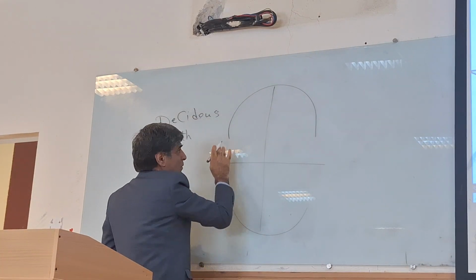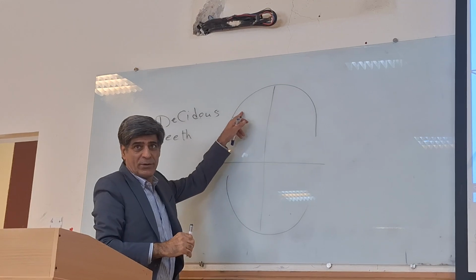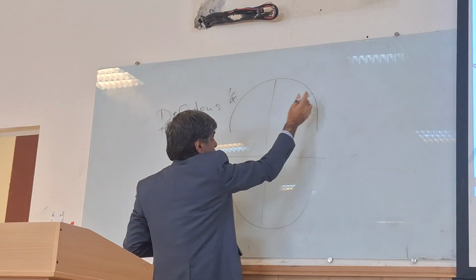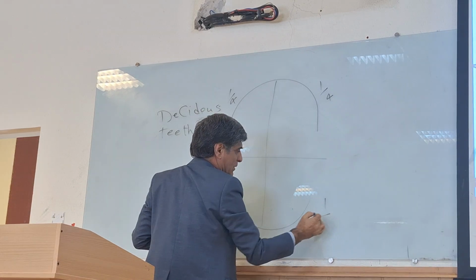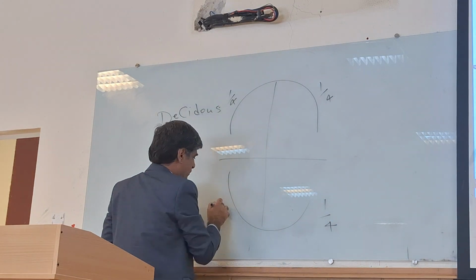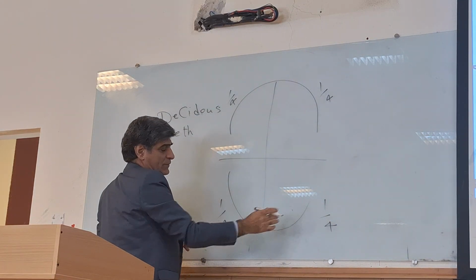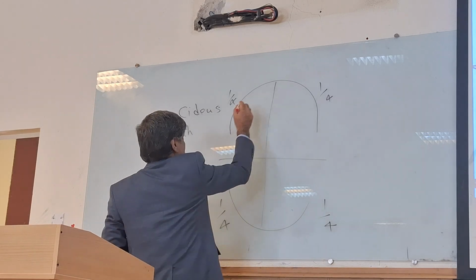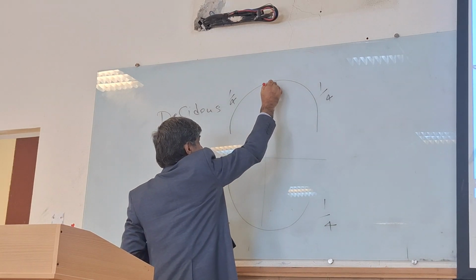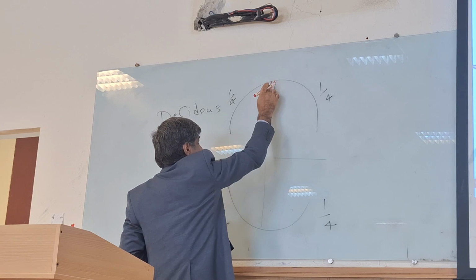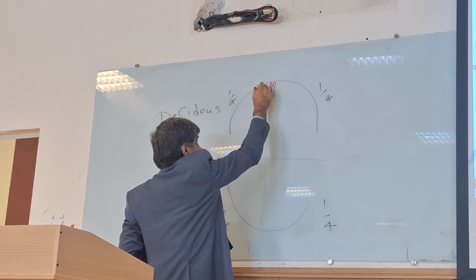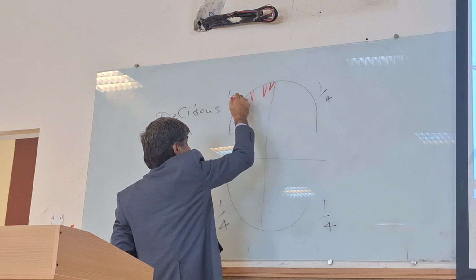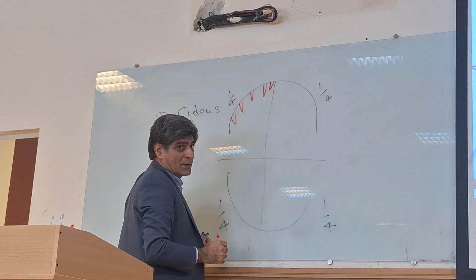Four quadrants: superior right, superior left, inferior left and inferior right. Deciduous teeth are the central incisor, lateral incisor, canine, first molar, second molar.